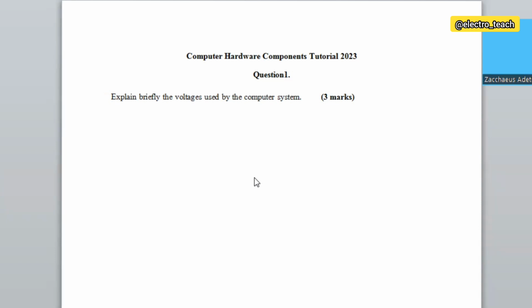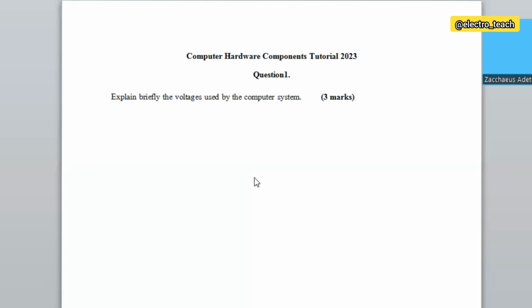Now, the voltages used by a computer system, we have 3 levels of voltages: 12 volts, 5 volts, and 3.3 volts. The 12 volts is for devices that have motors that drive something, like the fan. But for other circuits, we have lower voltage, 5 volts and 3.3 volts, for the other digital circuits.